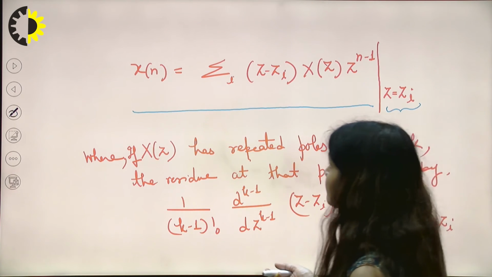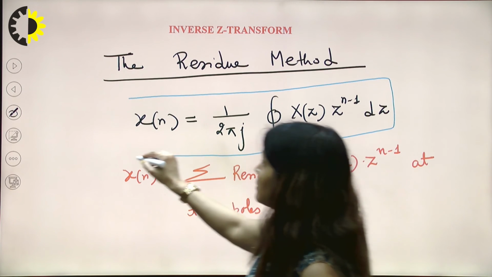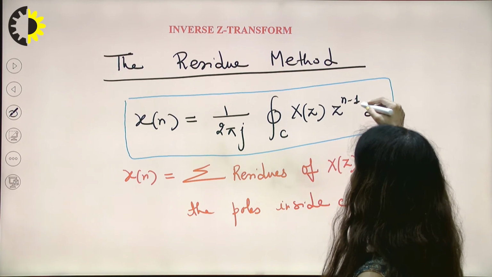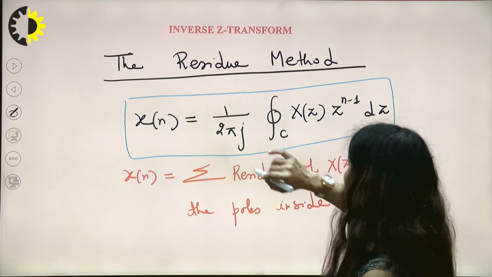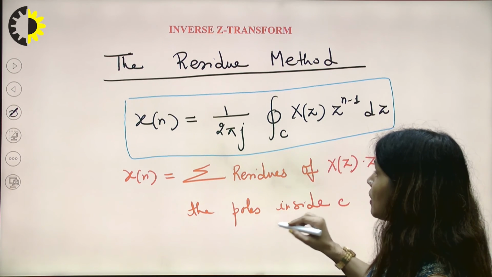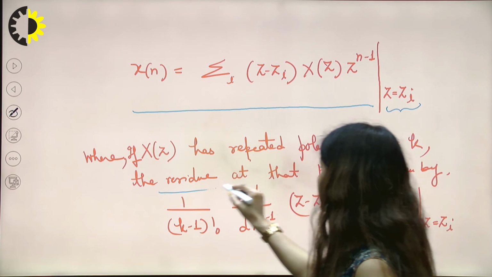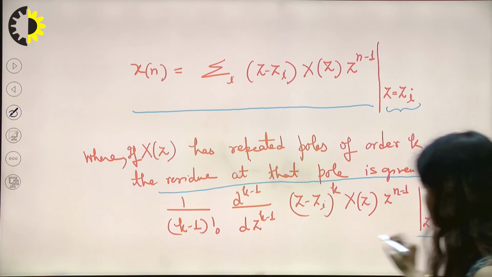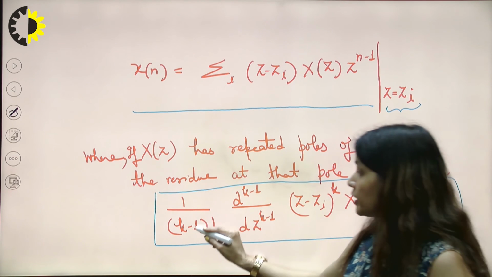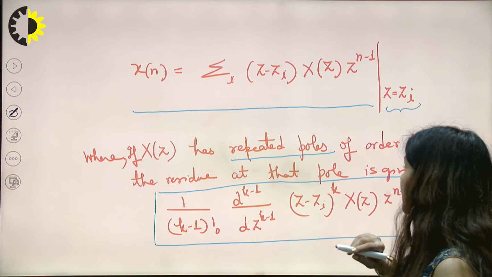So here we have x(n) equal to 1 upon 2 pi j, contour C, X(z) z^(n-1) dz. So how do we calculate x(n)? One more formula is there, as I have written, for the calculation of residue. See here, this is 1 upon (k-1) factorial, for the repeated poles I am talking about.